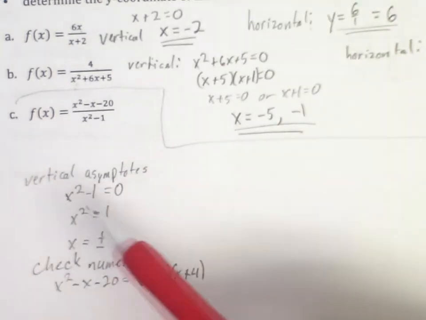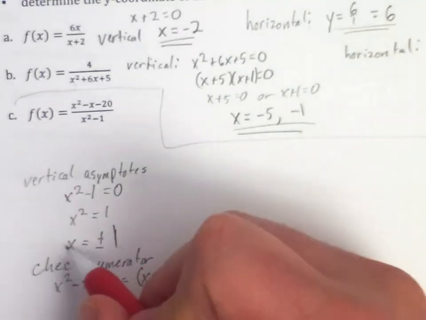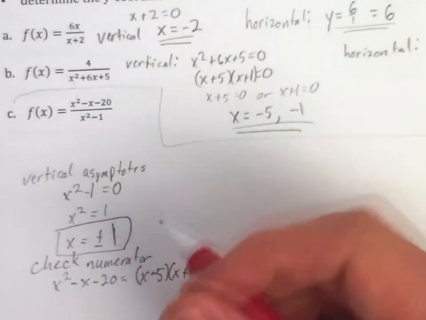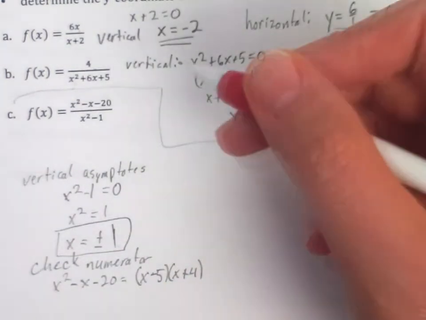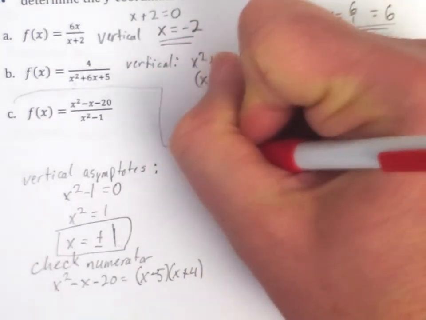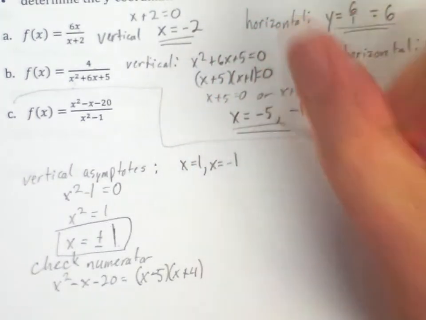So we don't end up with 0 back in the numerator. So we're actually okay. So these are, in fact, our answers: x plus 1 and x minus 1. And it should have been x equals 1 and x equals -1.